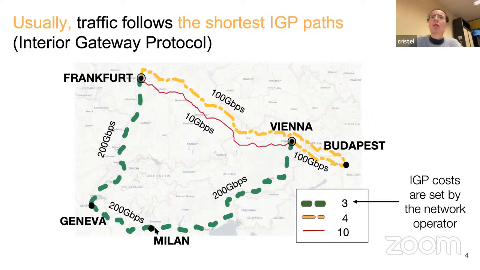And this is part of the GEANT network. So what you can see here is that the lowest IGP path is in green, and it has a cost of 3. And then you have another path that goes via Budapest that has a cost of 4 because it has a little bit less bandwidth. And then finally, you have another path that is more direct, but has a cost of 10 because it has even less bandwidth.